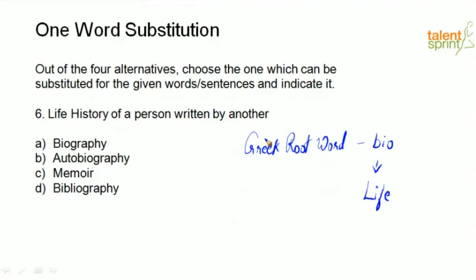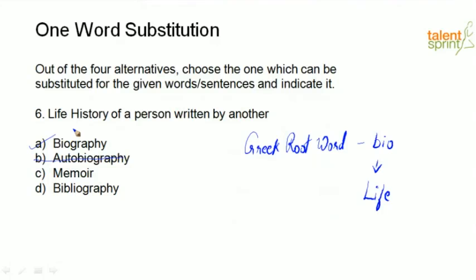When you say auto, auto you know means self, right? That's a Greek prefix which means self. So nobody else is writing it but yourself. So you can eliminate option B in fact, right? Biography is our answer here. Life history of a person written by another. Bio, the root word which means life, right? And that's our answer.